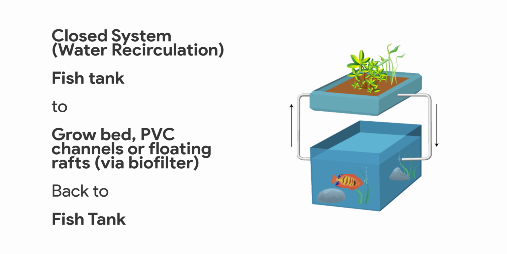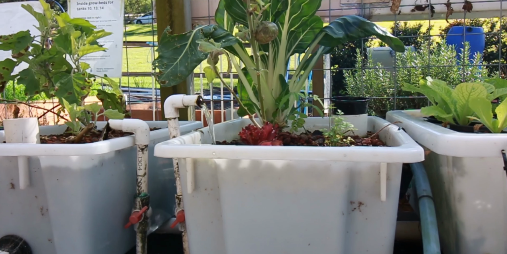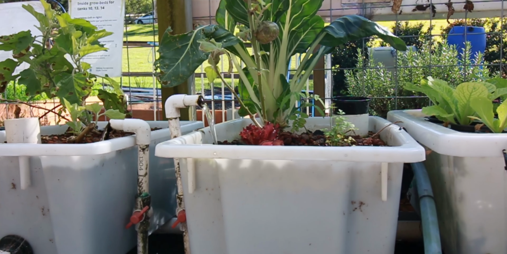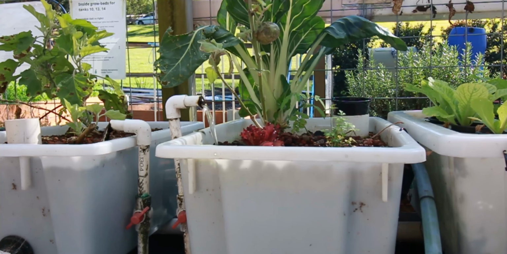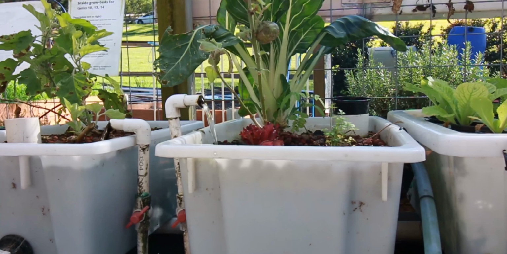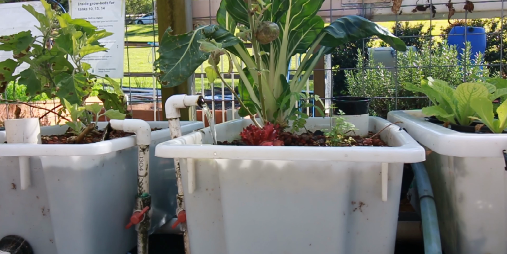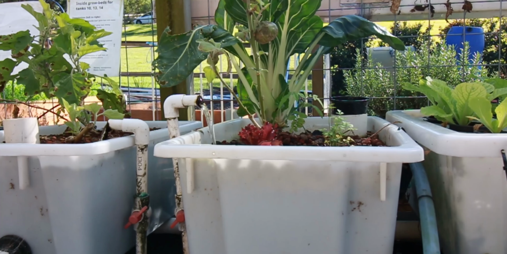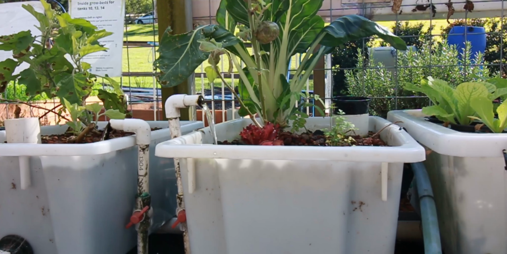The large surface of the media provides a home for bacteria to thrive, and conversion of waste into nitrates takes place there. In more sophisticated systems, the conversion of waste products to nitrates takes place in a separate biofilter tank before the water is passed into the PVC channels or beds which support the plants.